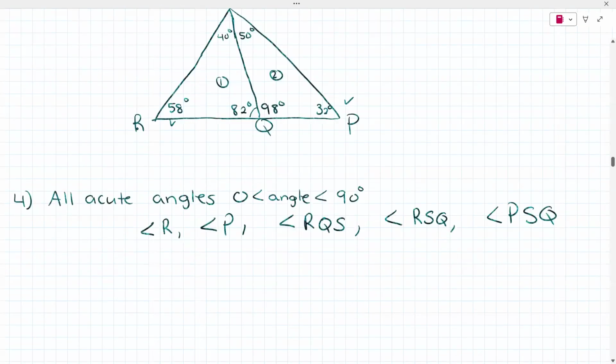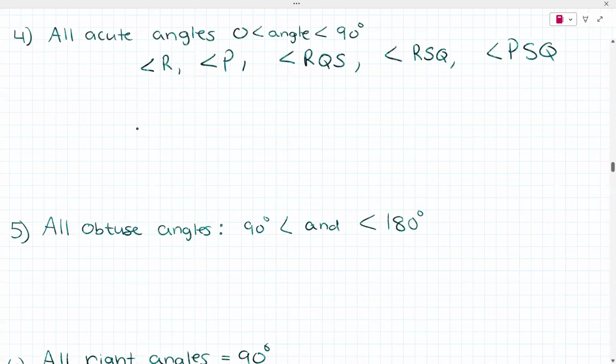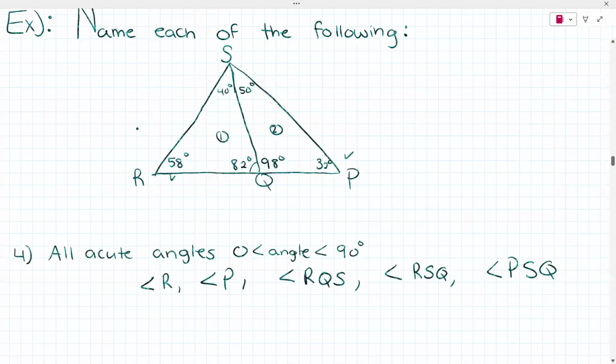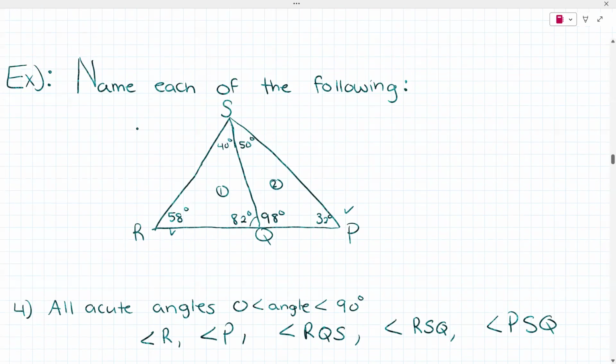Okay, number five says all obtuse angles. So it has to be greater than 90 but less than 180. Is there any that are obtuse? Well, what about angle S, this angle right here, because it shares two angles? If you add them up, what's 40 plus 50?